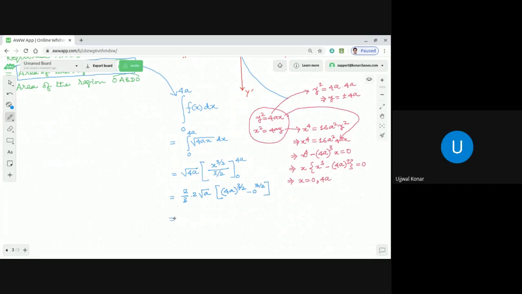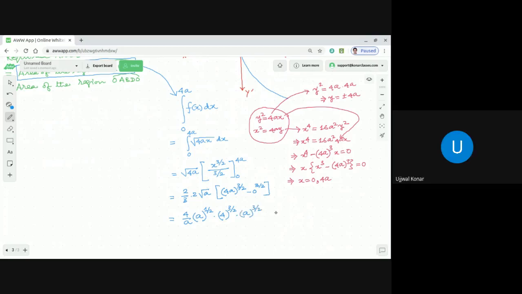If you compute all these things, 4a to the power 3 by 2 will be equal to 4 to the power 3 by 2 into a to the power 3 by 2. All of you agree with me?